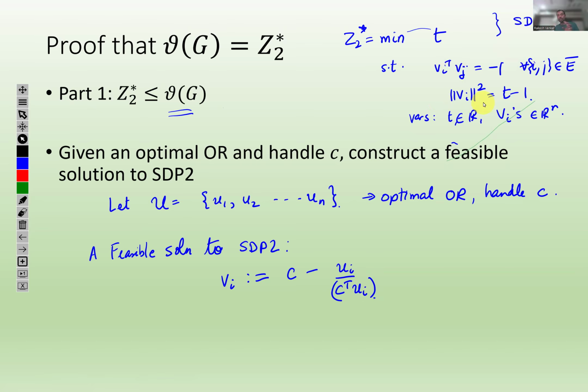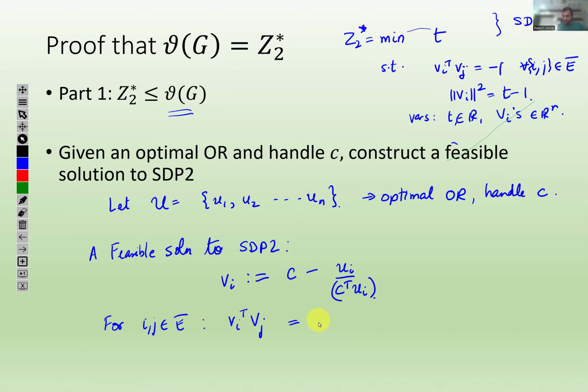I've given you a feasible solution, but I have to prove that it's feasible. I will let you do this as an exercise for the most part, but just note that suppose I take an ij that is a non-edge, and I look at Vi transpose Vj.